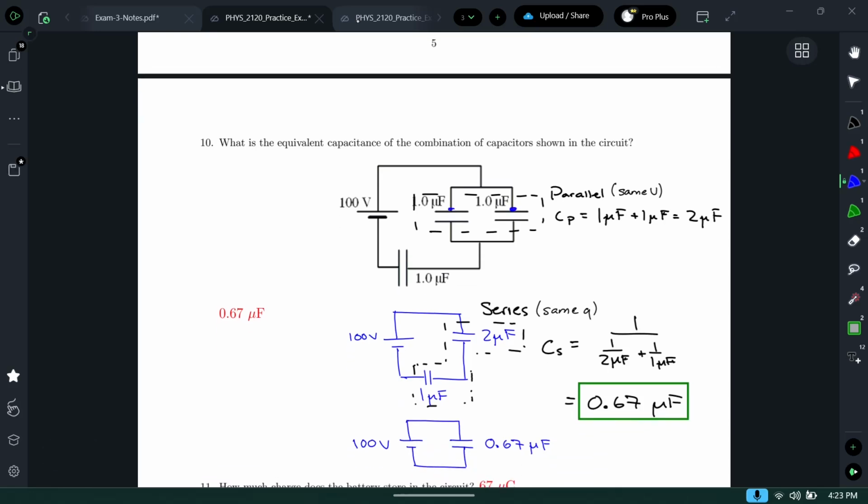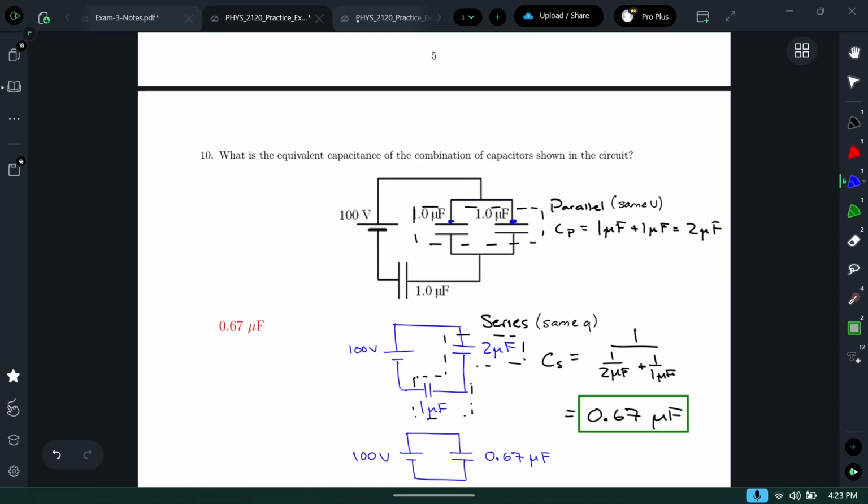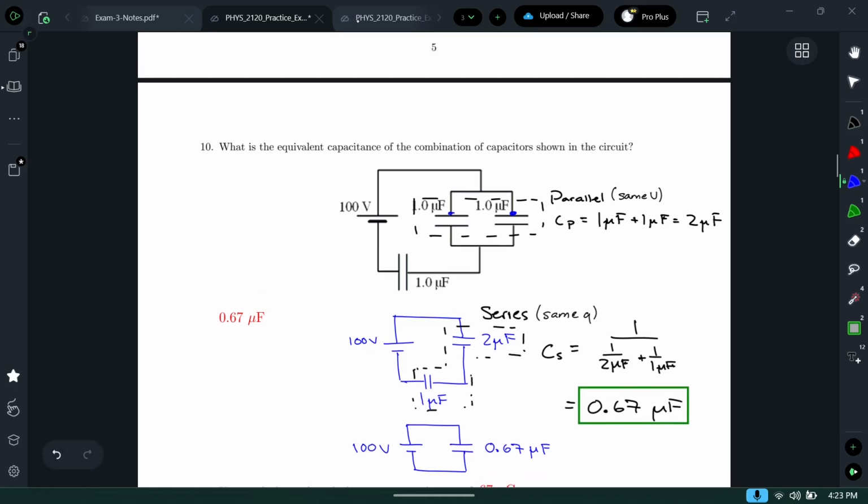For all three capacitors, if you summed up all the charge each capacitor has, should it not be the same charge as the equivalent capacitance charge? Does that make sense?